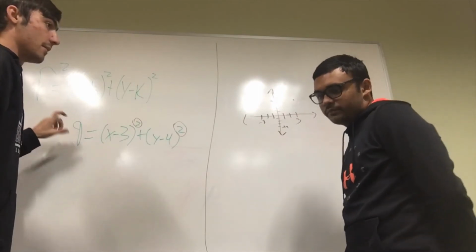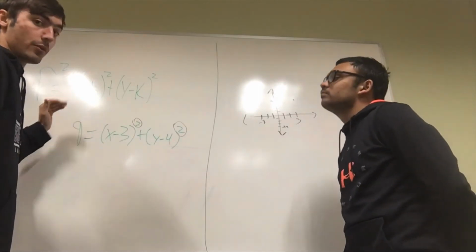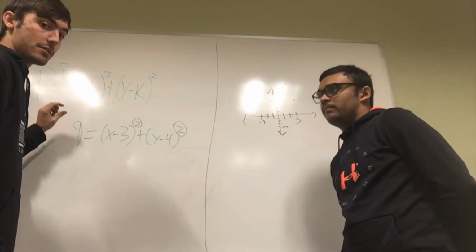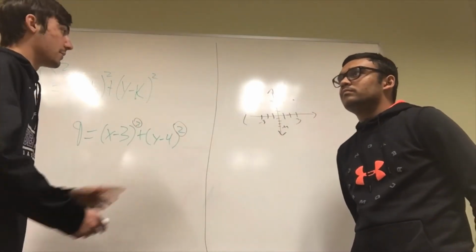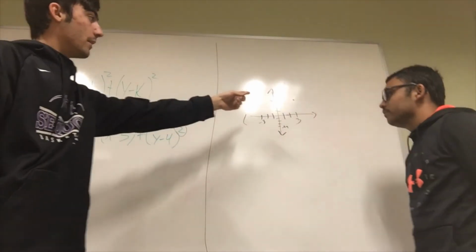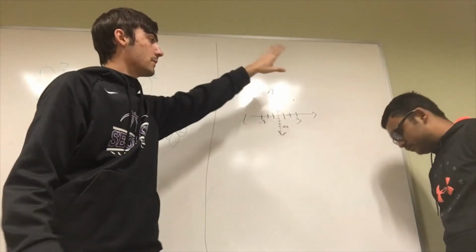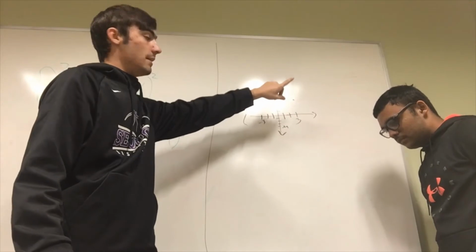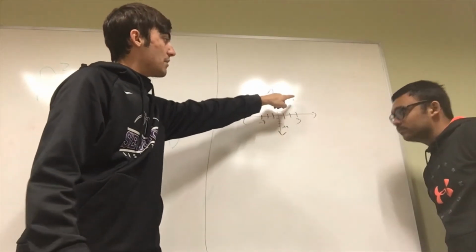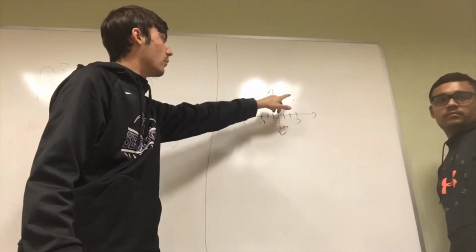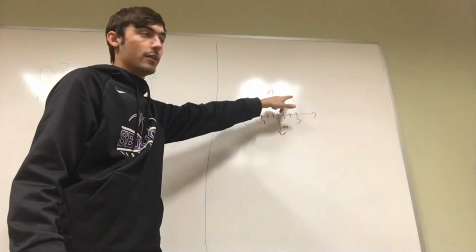If we take the square root of 9, we find that our radius is 3. So on the graph, the circumference of the circle is always going to be 3 units away from the center point.